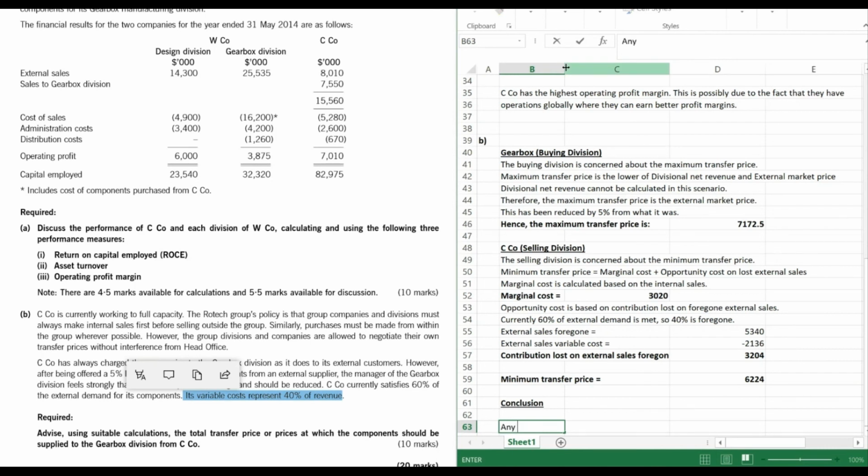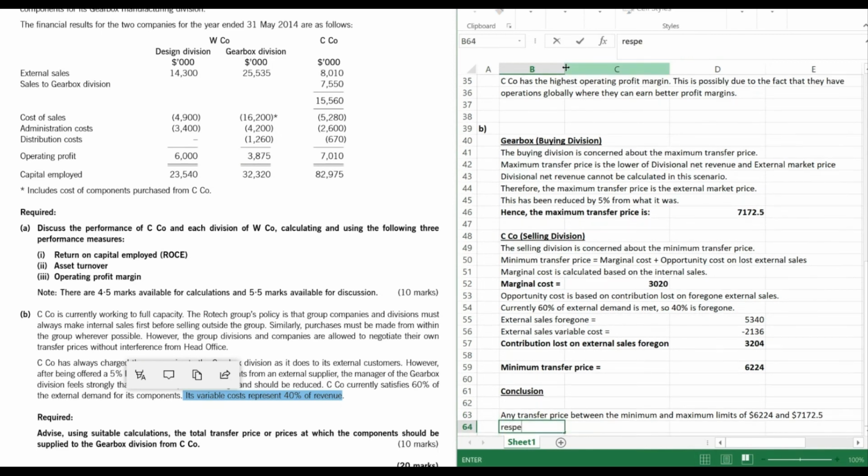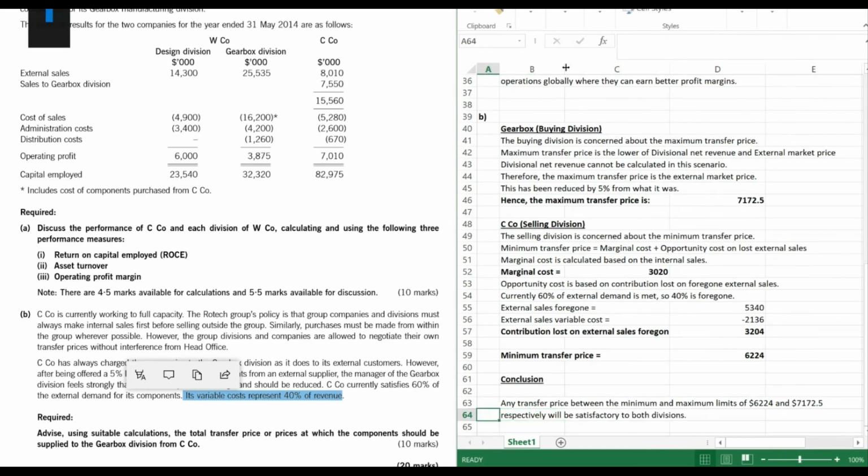Any transfer price between the minimum and maximum limits, minimum is 6,224 and 7,172.5 maximum respectively, will be satisfactory for both divisions.